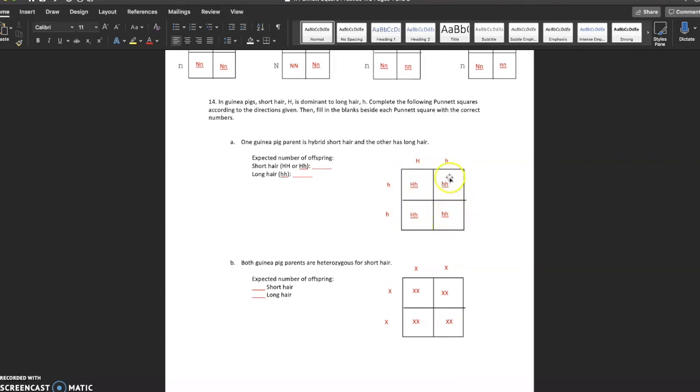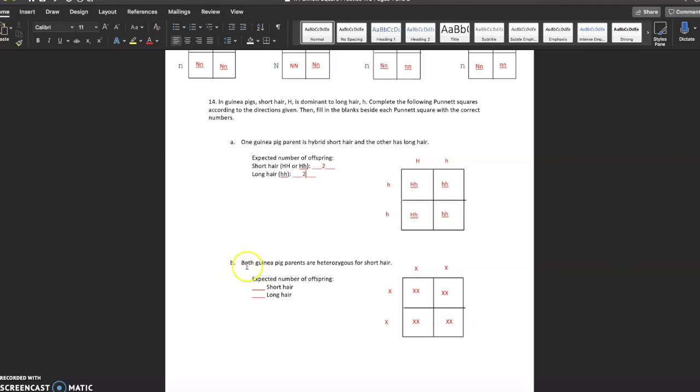These two, on the other hand, are homozygous recessive, so these guys are going to show the long hair. So we have two long hair offspring here and two short offspring here. So we have two short hair and two long hair based on the Punnett square that we completed.